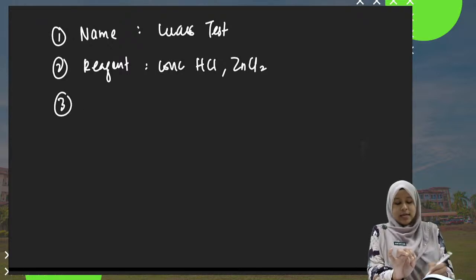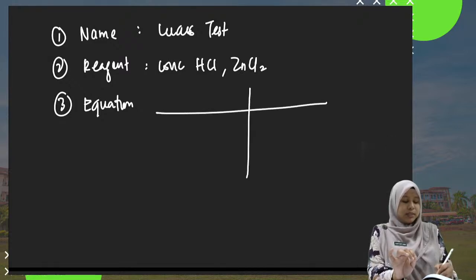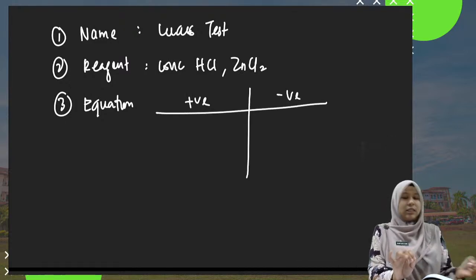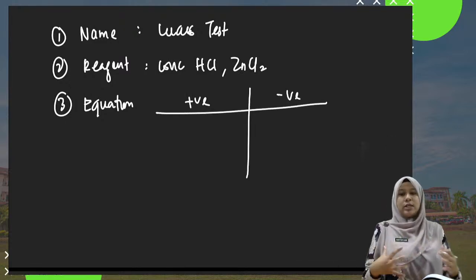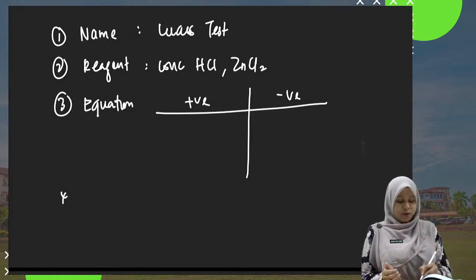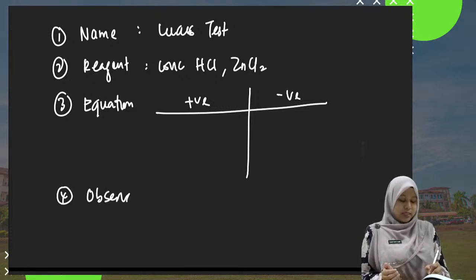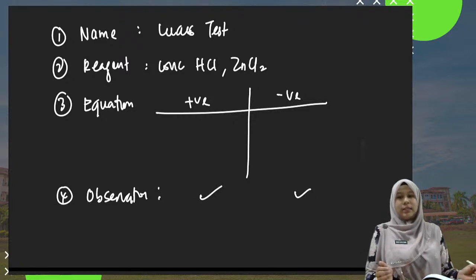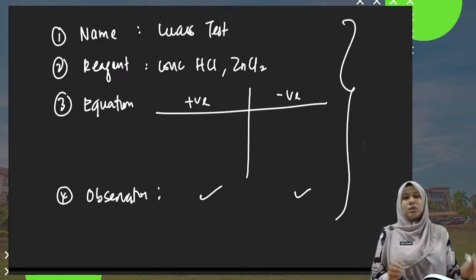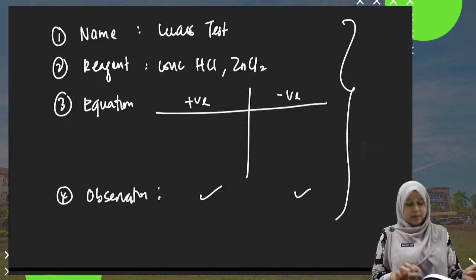Third kena ada equation. Equation ni maksudnya kena ada yang bagi positive result, kena ada yang negative result. Both equation kena buat. Then the fourth one kamu kena ada observation. Observation pun sama, observation untuk positive, observation untuk negative result. So kena ada 4 ni untuk jawab soalan berkaitan dengan chemical test.